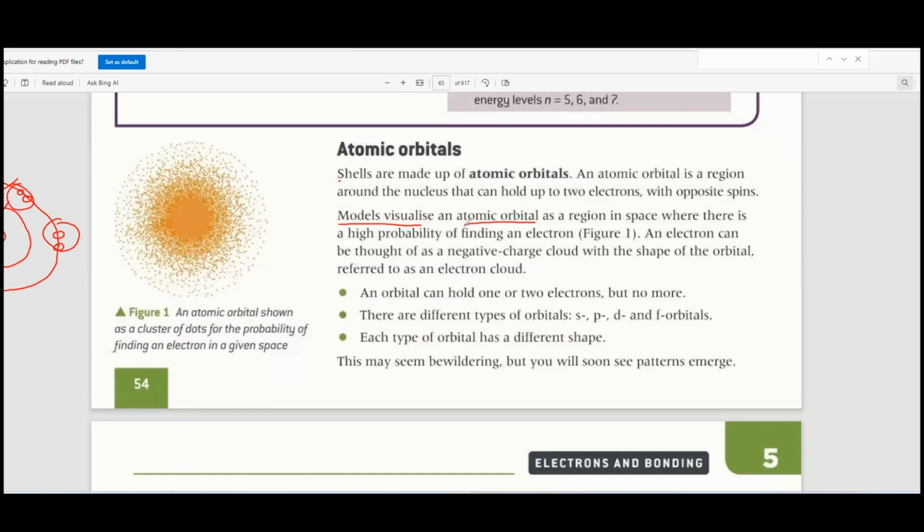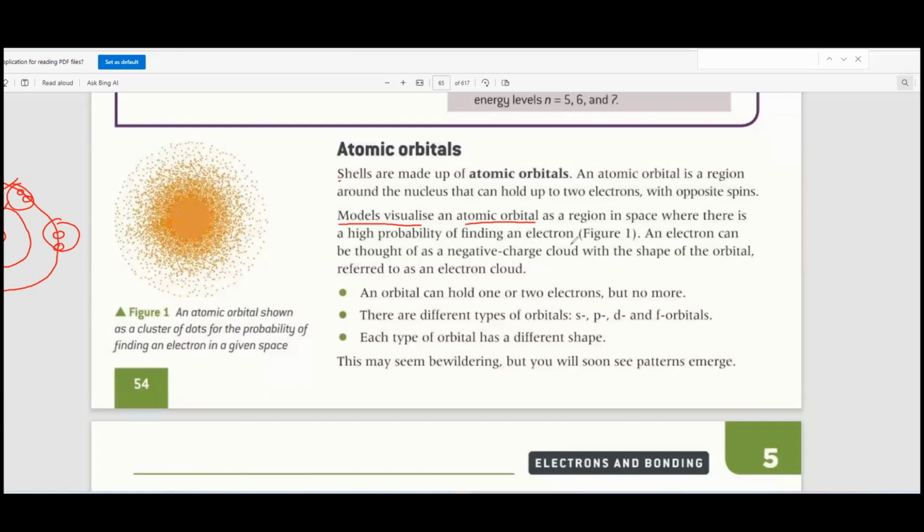An atomic orbital can only hold two electrons, rotating with opposite spins. Models visualize an atomic orbital as a region in space where there is a high probability of finding an electron.